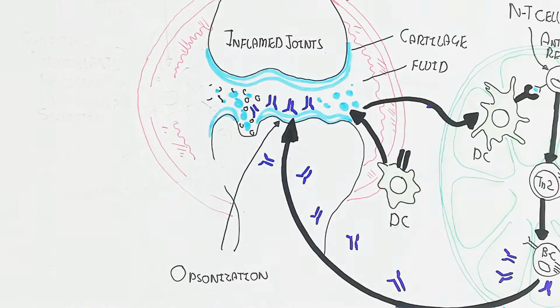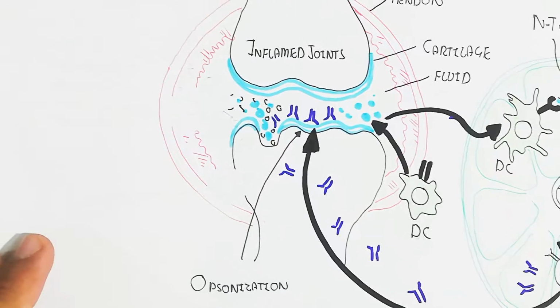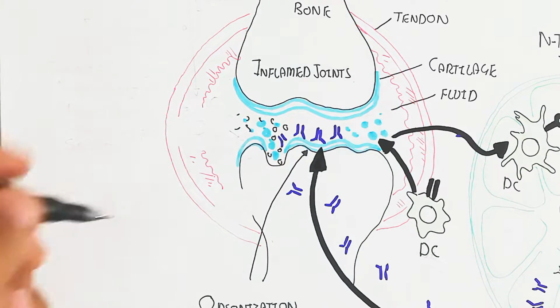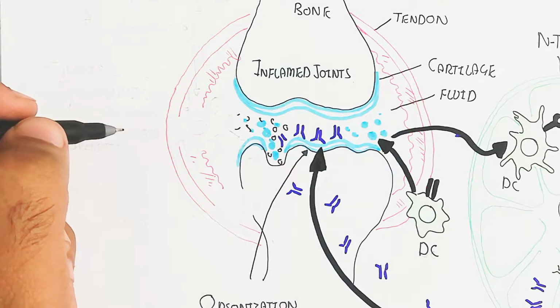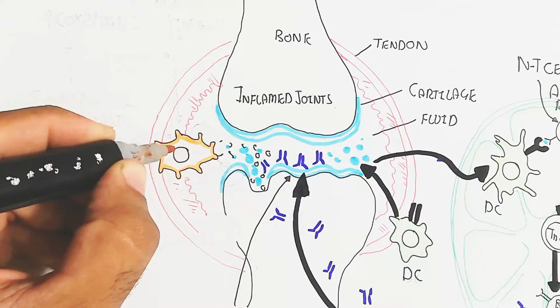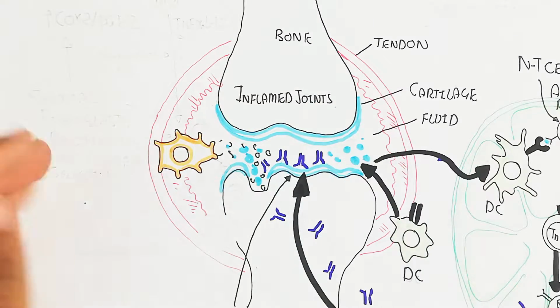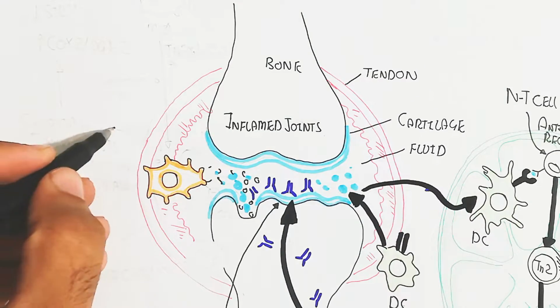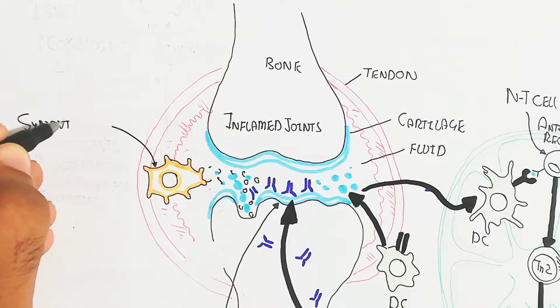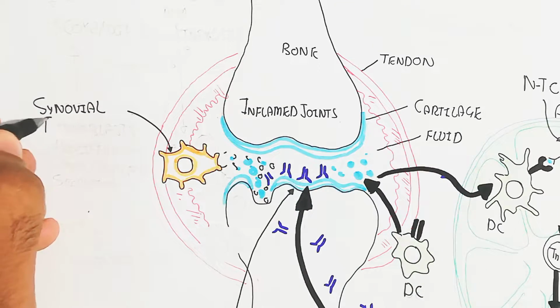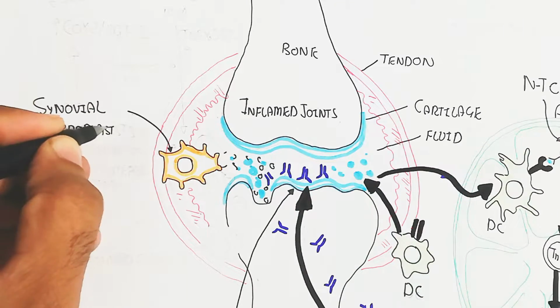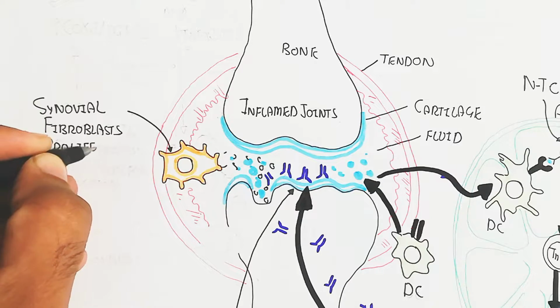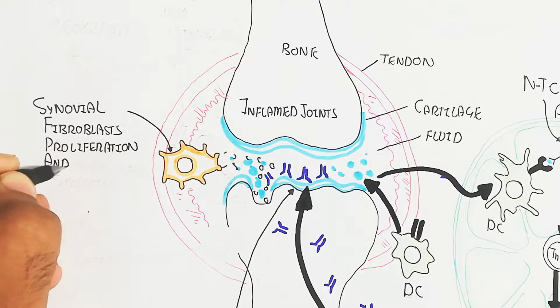The synovial fibroblasts are present, which are important for the production and secretion of the synovial fluid. Due to genetic mutation, the synovial fibroblasts will lead to proliferation and protease secretion. The chondrocytes, which are important for the synthesis of cartilage, are also present.